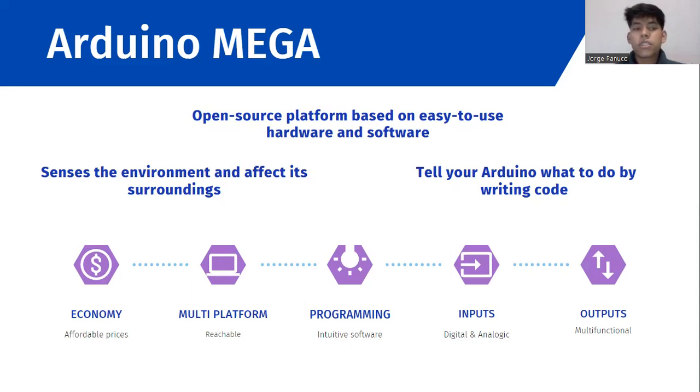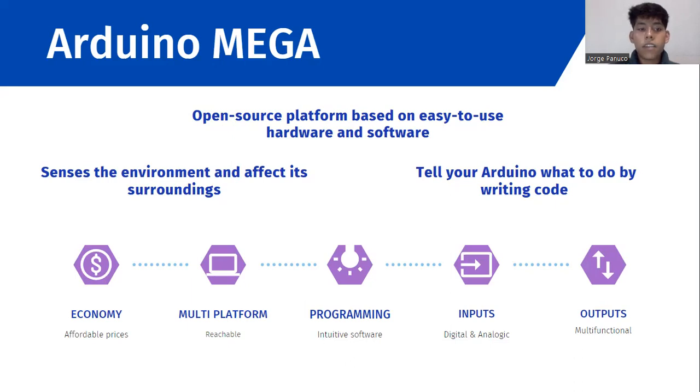This controller senses the environment and affects its surroundings by a lot of sensors like ultrasonics, infrareds, temperature, or even wind sensors. You can tell it what to do by its code. It's a very intuitive interface, and you can use it since its libraries and all its language are very easy to use. As you can see, I have five main points for this controller.